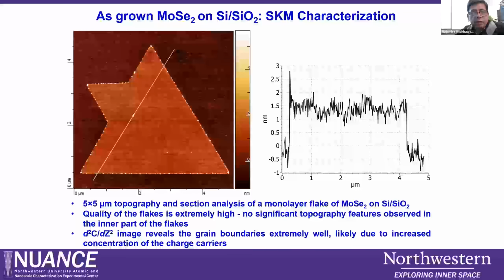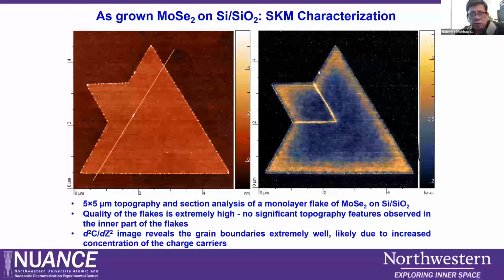This is another example of a MoS2 on silicon oxide material. You can see on the left a simple topography image, and then now you can do capacitance profiling here. You can see the grain boundaries are lit up.